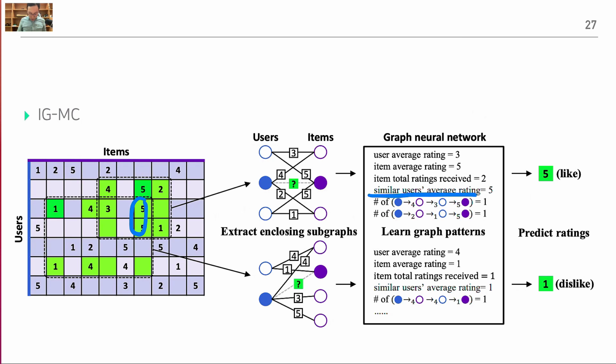And the number of paths toward this blue and purple is 1 and 1 from the path. We learn this information and train the graph neural network, and it is able to predict the 5.